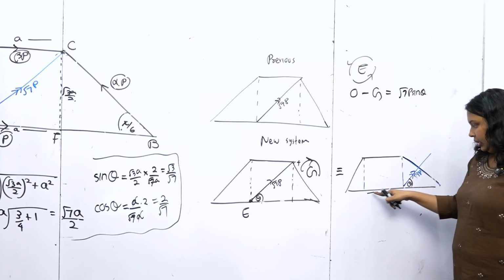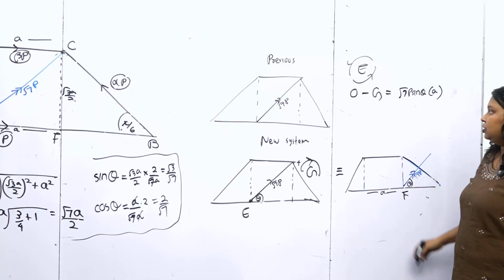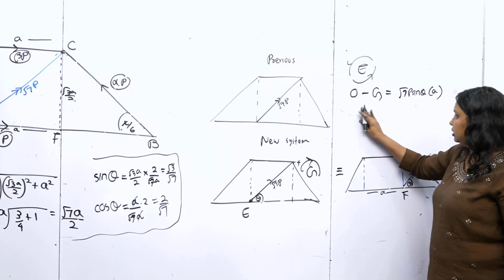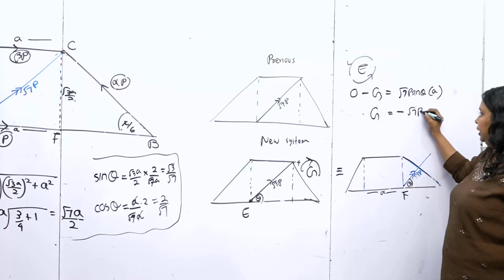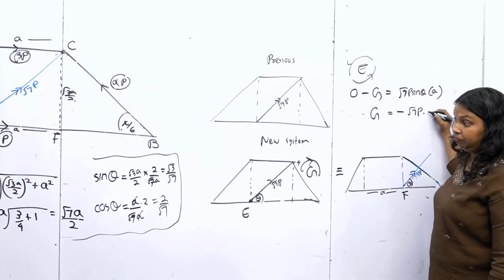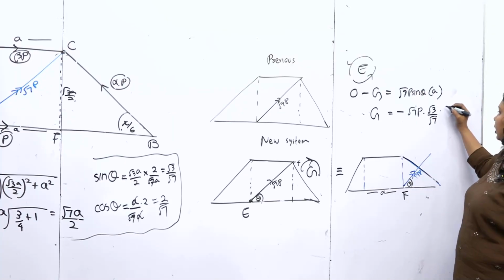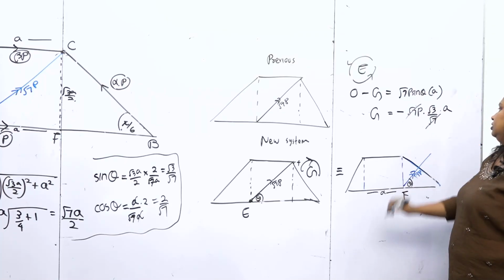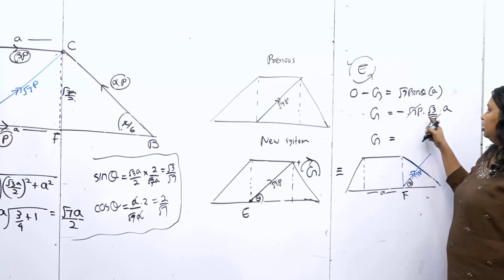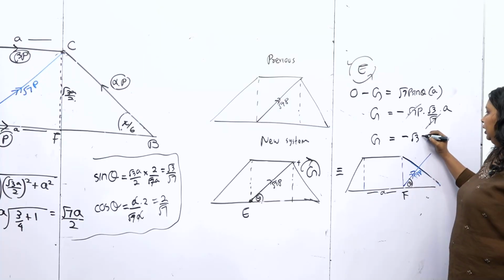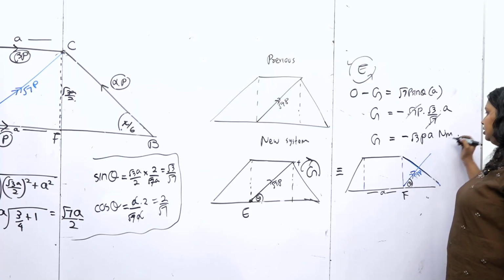Therefore, the distance is a. Can you understand? So minus g equals root 7p sin theta, which is root 3 over root 7, times a. Clear. Therefore, we get that g equals minus root 3 p a Newton meters.